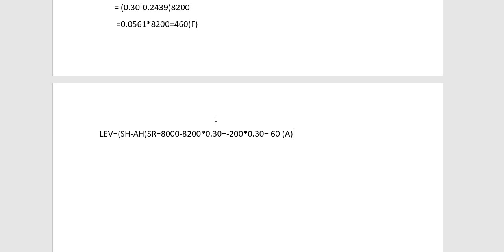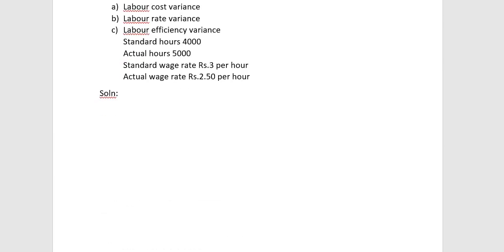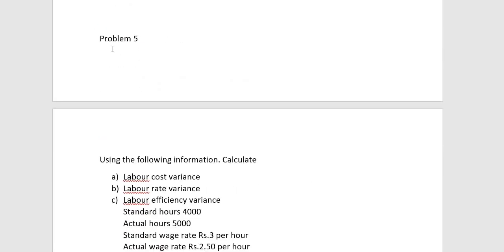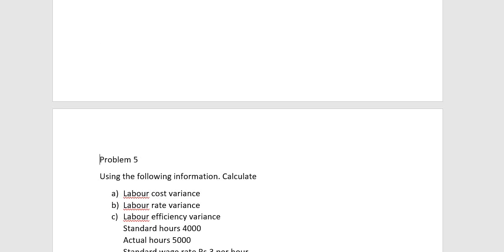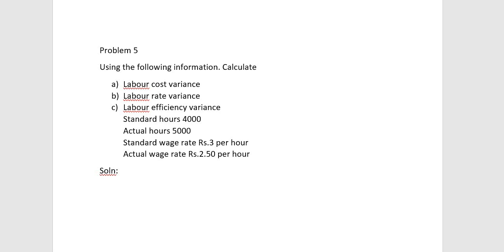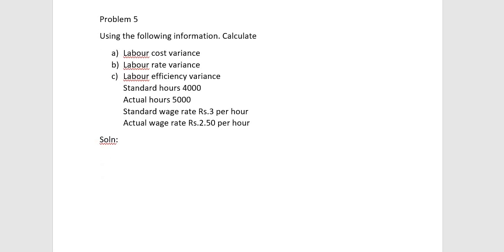This is how we solve the 6 marks problem asked in the 2017 question paper. One more problem they asked in the same question paper was for 14 marks as a 2 section question.